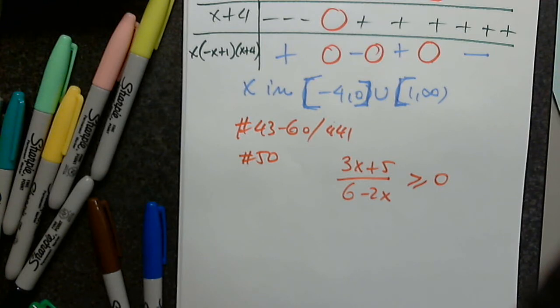No, you're right, but not because of that. Now, if I have this, can I multiply both sides by 6? Sure. Of course, it's not going to change anything, right? I can multiply by 6, but I have 6 minus 2x. Can I multiply both sides by 6 minus 2x? No. Why?